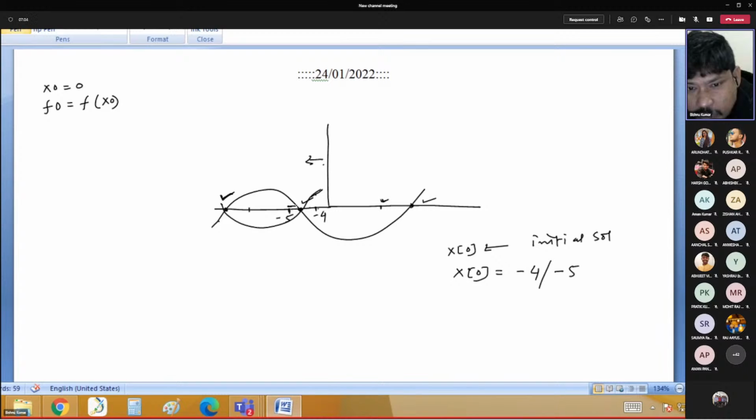You will come from this side if you consider -5, and if you consider -4, you will come from this side. With the help of a program also, you may select those two points.